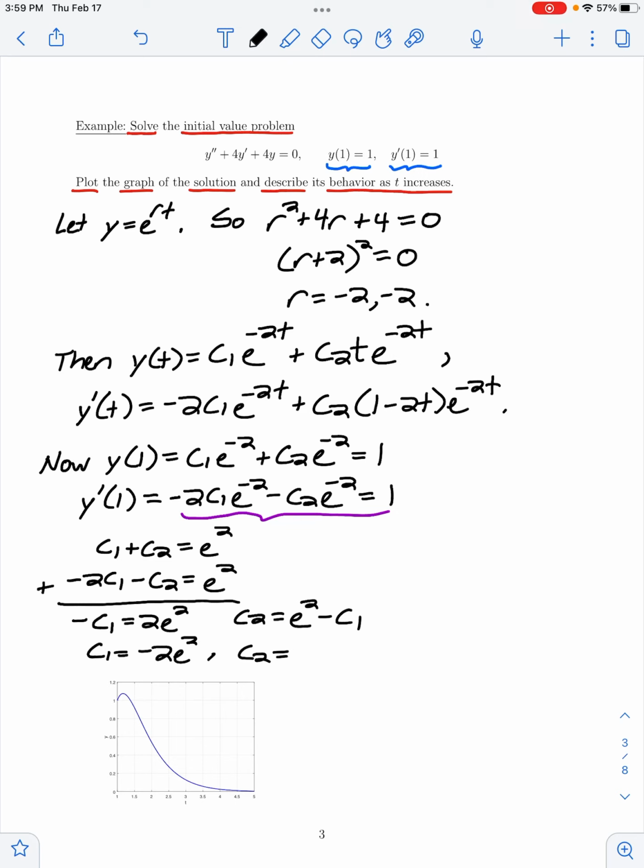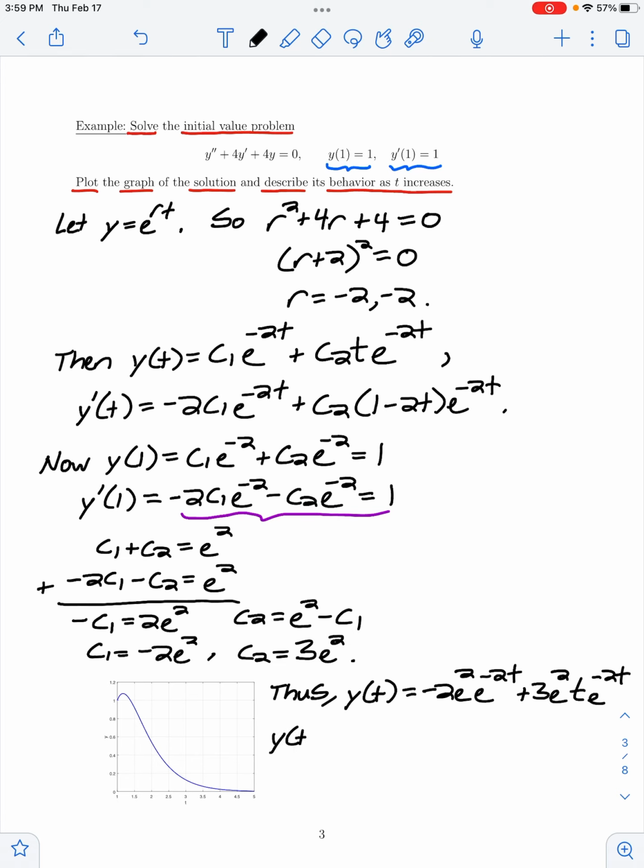And since c1 is negative 2e squared, we end up with a total of 3e squared. So now substituting these constants back into my general solution, I find that y of t would be given by c1, which is negative 2e squared, times e to the negative 2t, plus c2, which is 3e squared, times t e to the negative 2t.